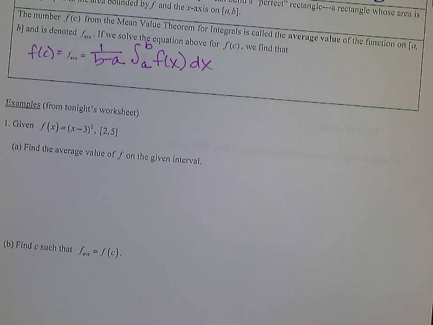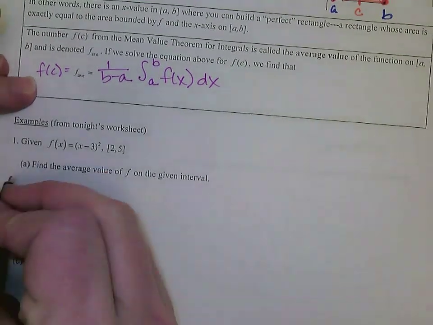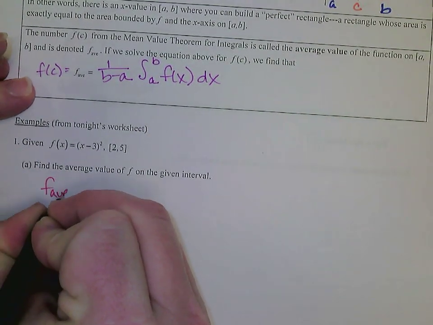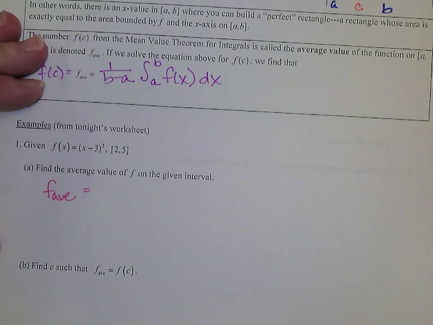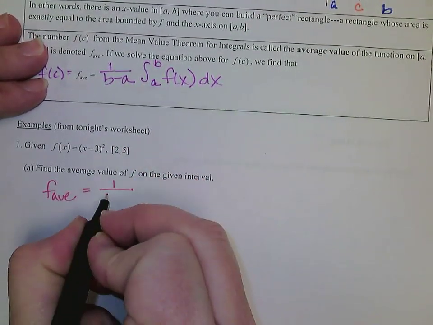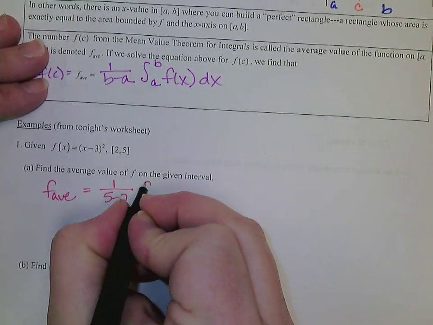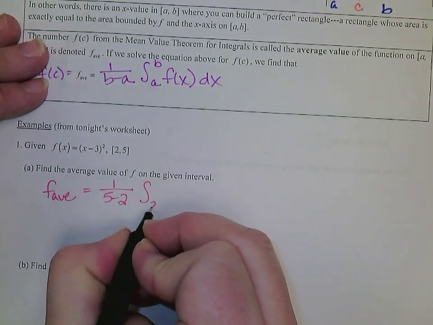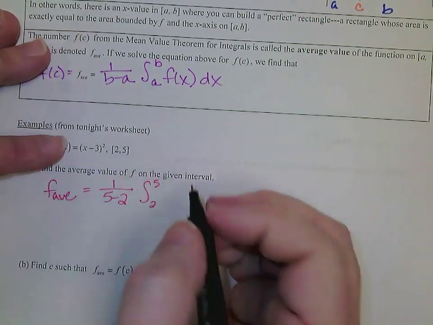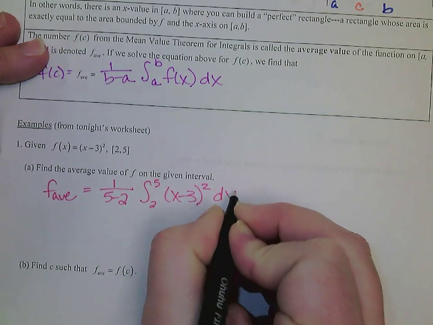So the average value of f is equal to 1 over b minus a, 5 minus 2, times the integral from a to b, 2 to 5, of f of x, x minus 3 squared, with respect to x.